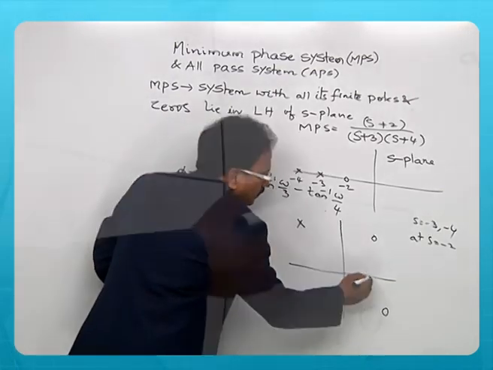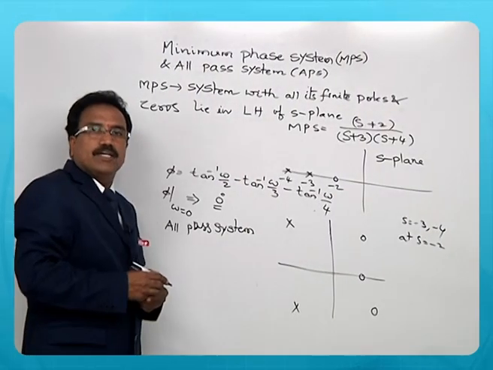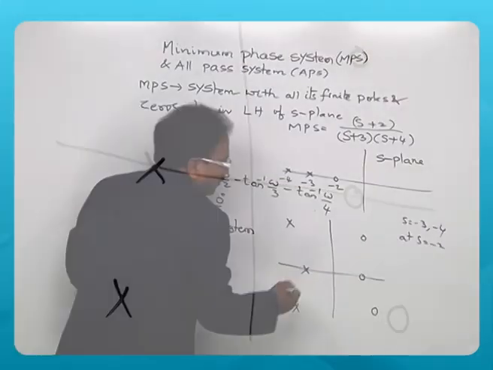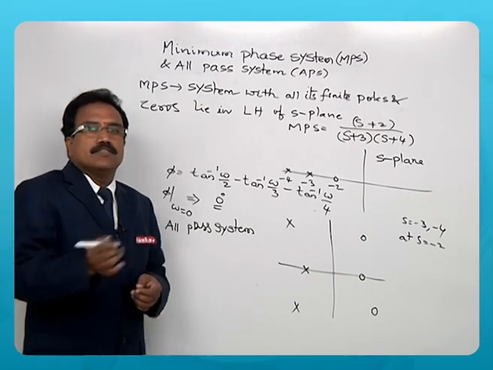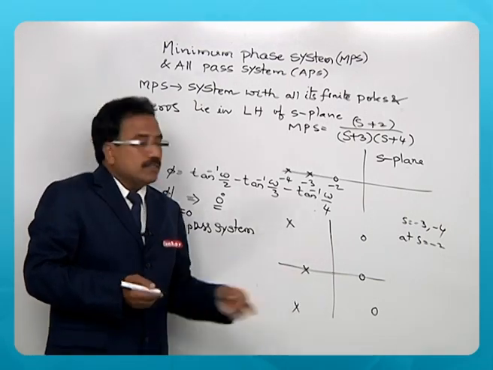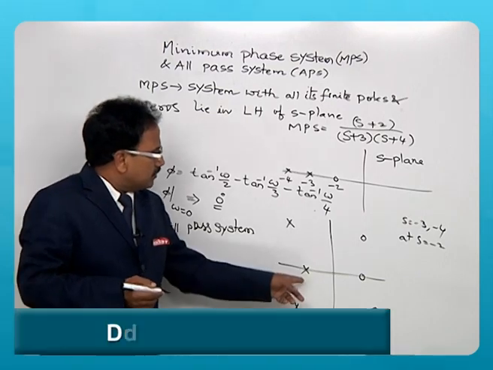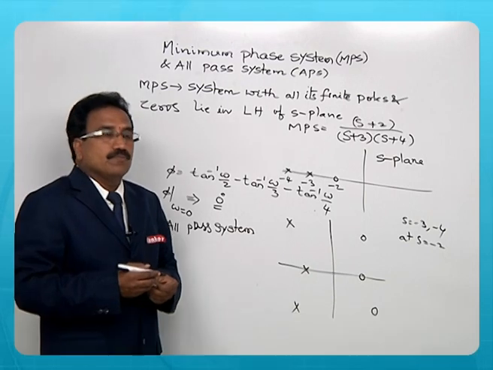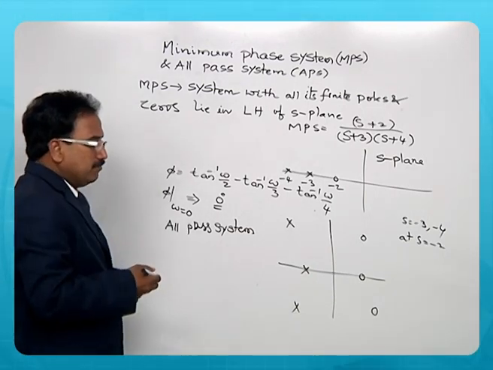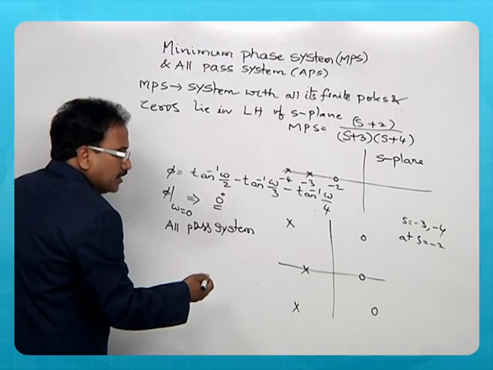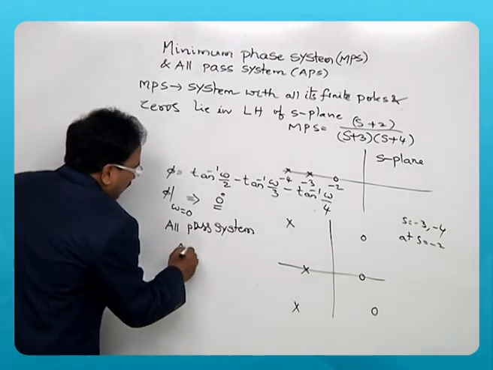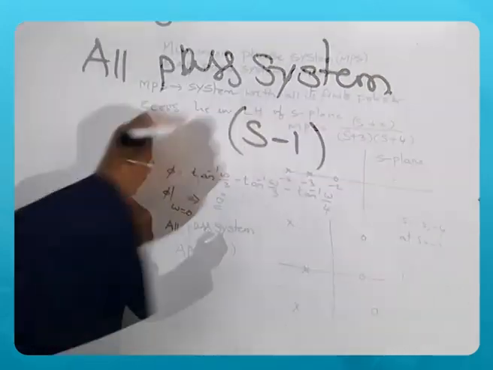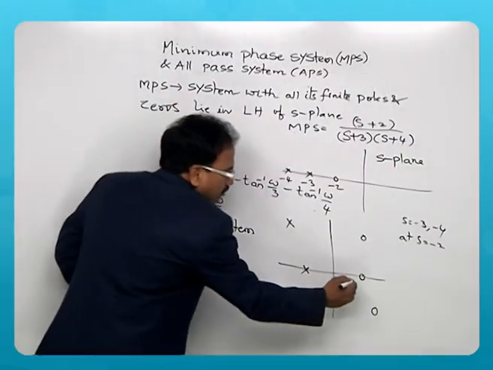If there is a zero in the right half of the S-plane on the real axis, then there will be a pole exactly symmetrical about the imaginary axis. Then this is called an all-pass system. That means, what will be the magnitude and phase angle? So when you look at this, say APS (s minus 1), that means there is a zero at s equal to plus 1.